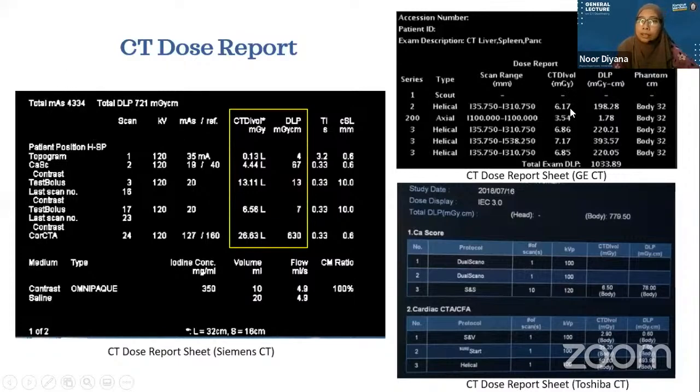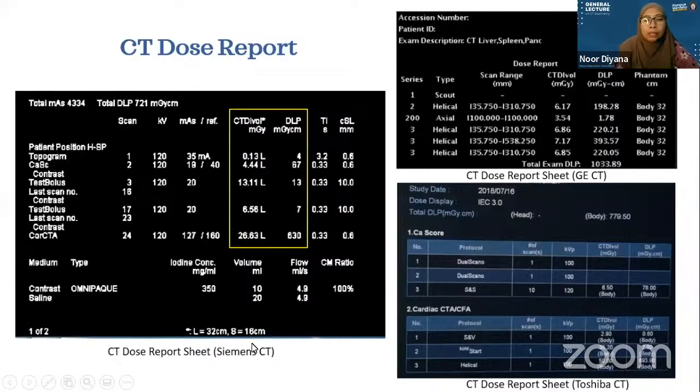Same as GE, it gives you CTDI volume, DLP, and also total DLP. This is very important. Same as Toshiba, it also gives you total DLP, and then CTDI volume for each series of scanning.